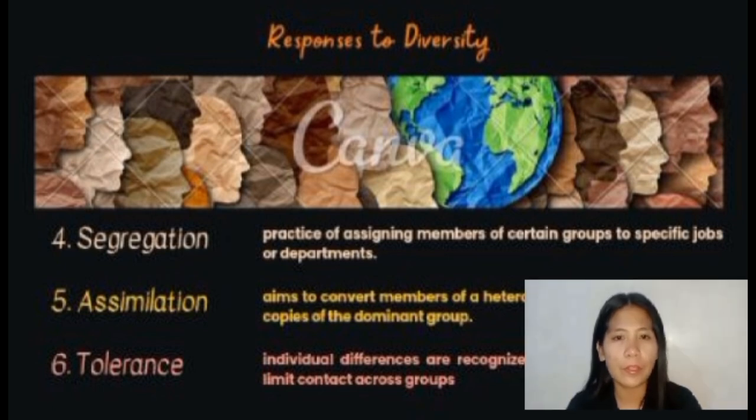Tolerance refers to the willingness to accept or allow the existence of different opinions, behaviors, beliefs, or practices, even if they are different from one's own. For example, religious tolerance, or true respect for different religious beliefs and practices.